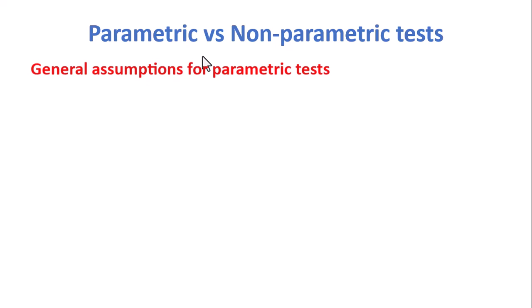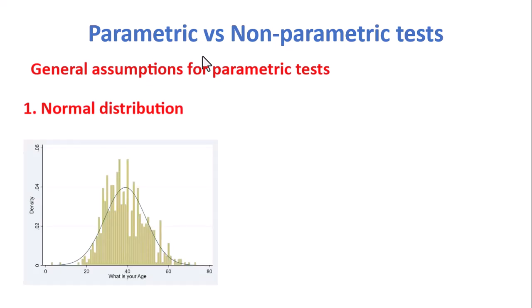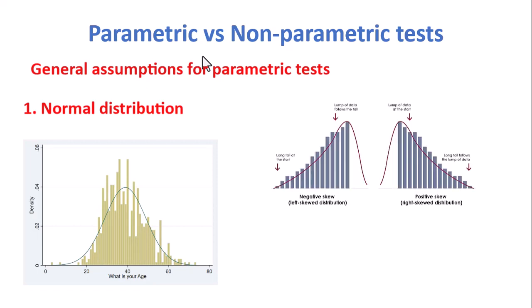For now, let's look at the assumptions. The first assumption, like we've mentioned before, is the assumption of normality. By normality, we mean your data should roughly resemble a bell-shaped curve. When your data is skewed either to the right or to the left, the estimates you would obtain if you use the parametric tests would be inaccurate.